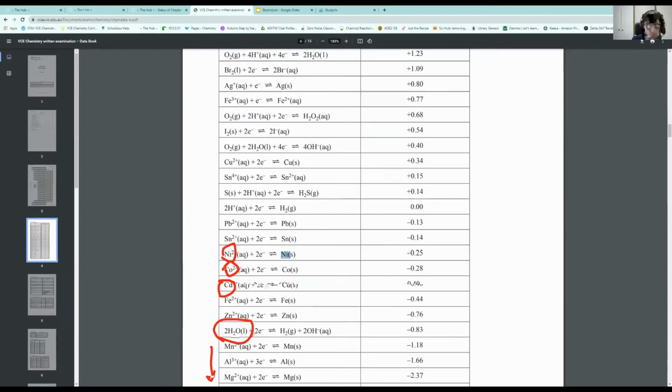So water is more reactive than manganese, for example. On the other hand, we had lead, copper, and silver, and our water's up here, so that doesn't really matter. So make sure to check all the species you've got there, and then the highest on the left, as usual, will react with the bottom on the right.